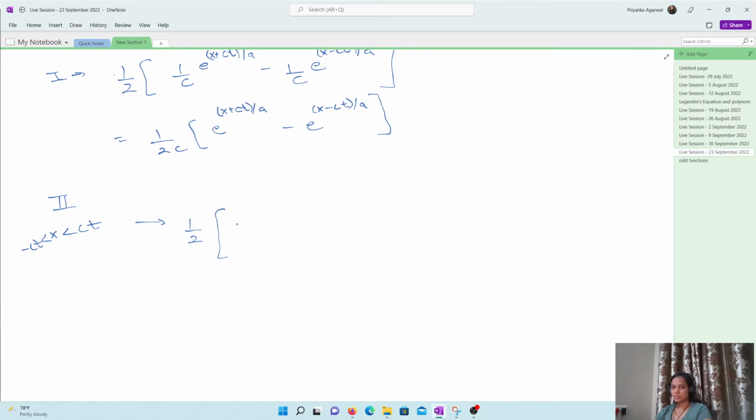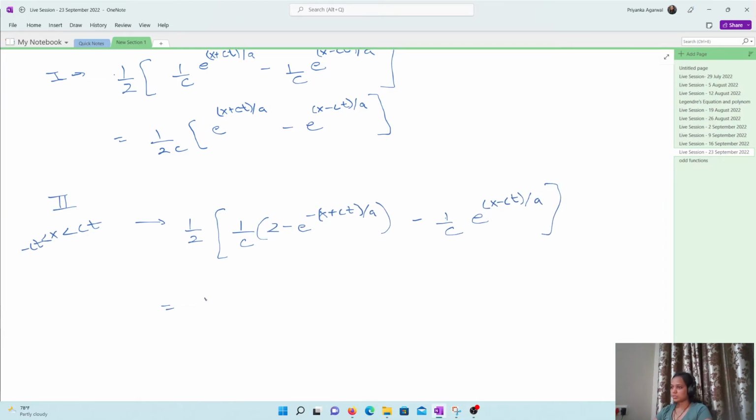So now this falls in the second string, 2 minus e to the power minus x plus ct over a, and then we will have minus 1 by c e to the power x minus ct over a.